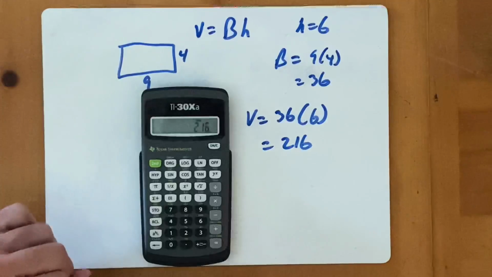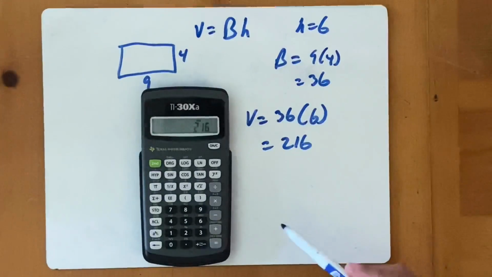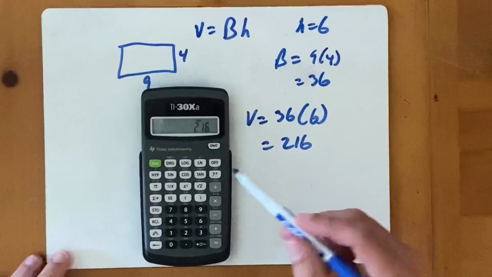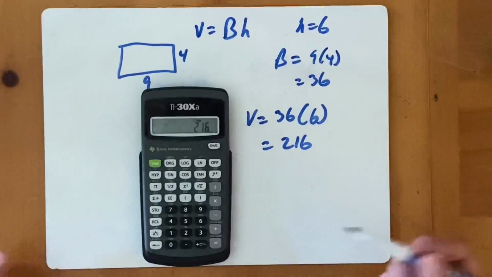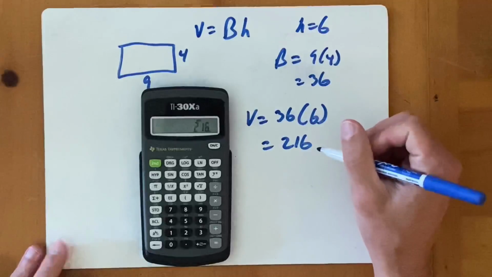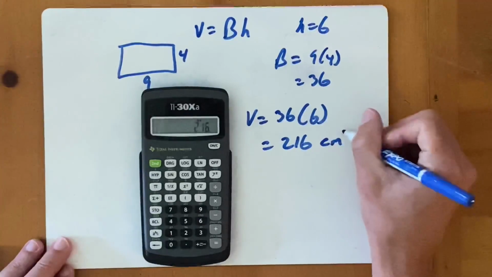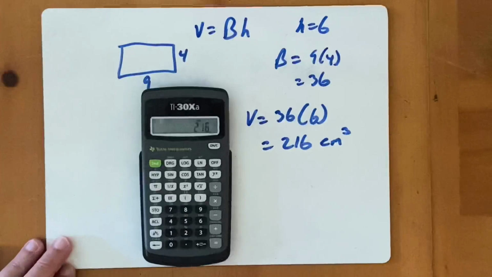Remember, units for volume are cubic because we're multiplying 3 measurements, so unit times unit times unit is unit cubed. You just need to type in 216 on the Google Classroom worksheet, but just for reference, the units would be centimeters cubed or cubic centimeters.